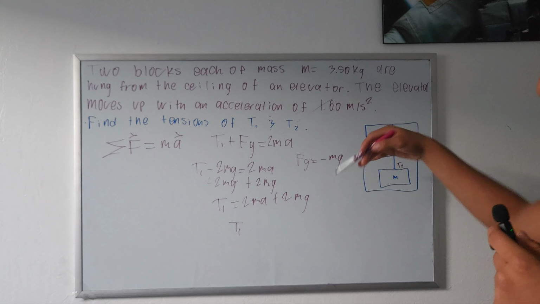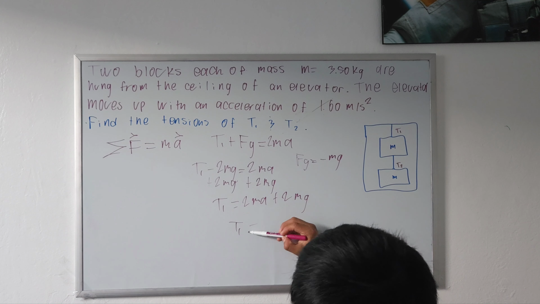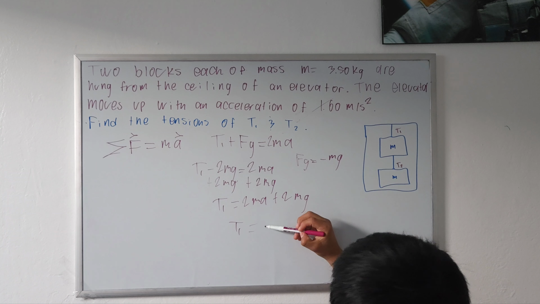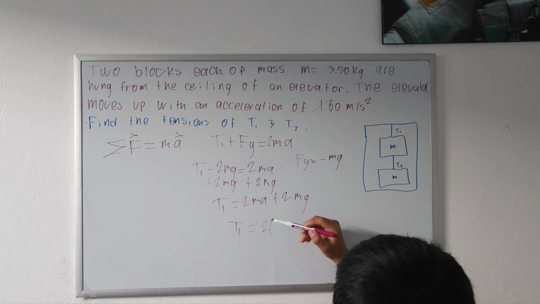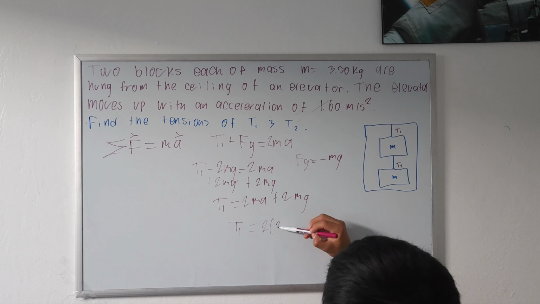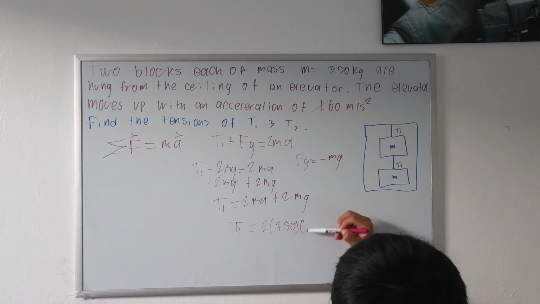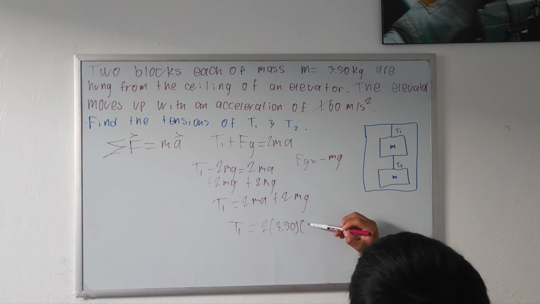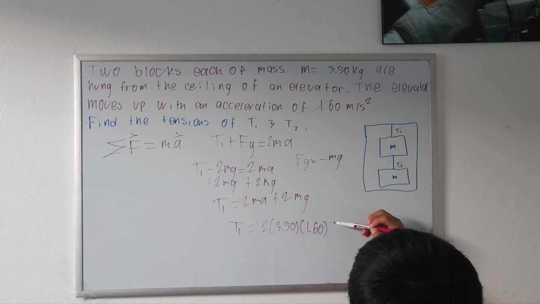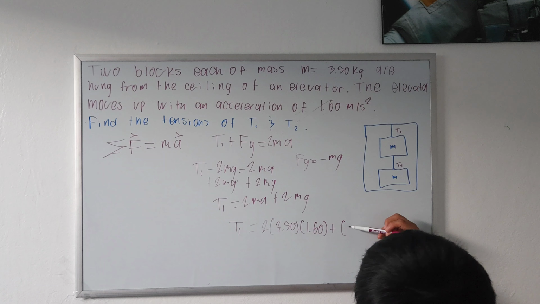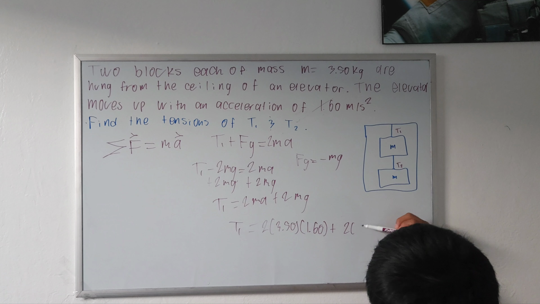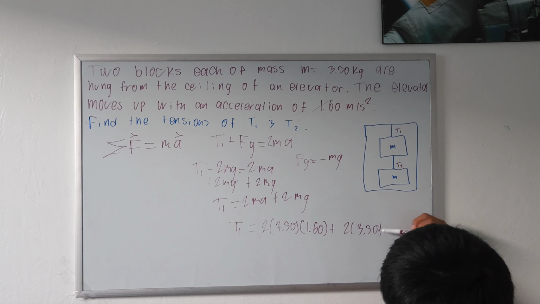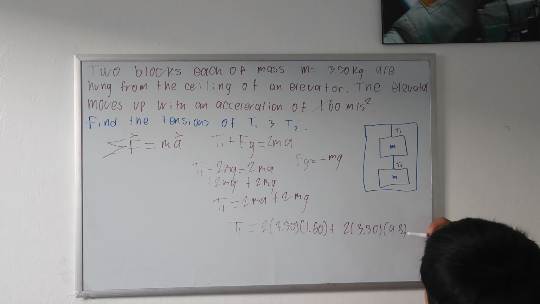Now we already know everything here, so now we're just going to plug in everything. I'm not going to write down all the units, so I'm just going to write down the numbers. So we have 2, and then the mass, which is 3.5, and then the acceleration, which is 1.6, plus 2 times the mass, and then times the acceleration due to gravity, which is 9.8.